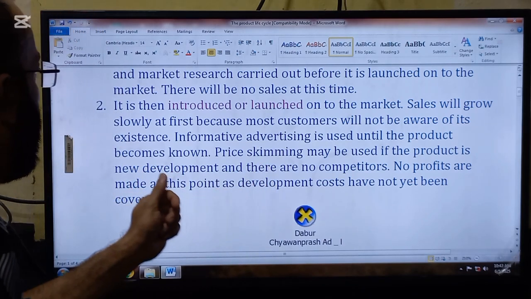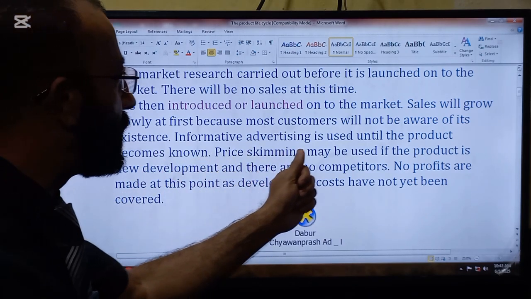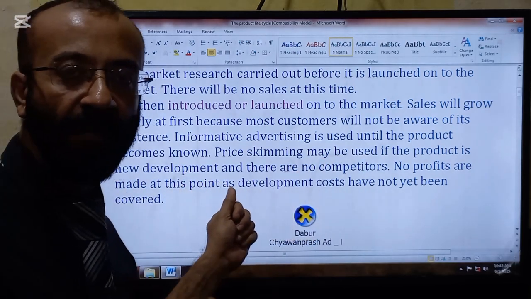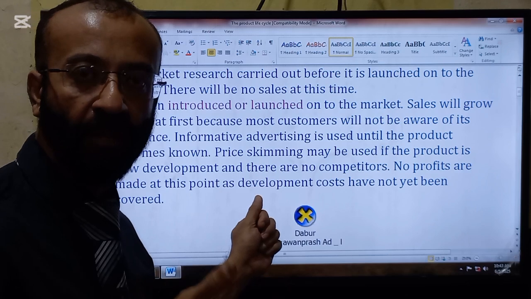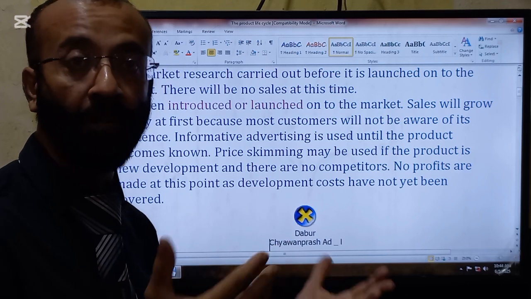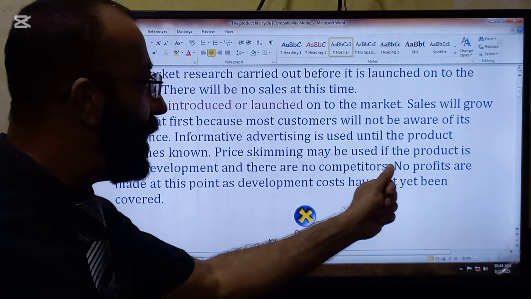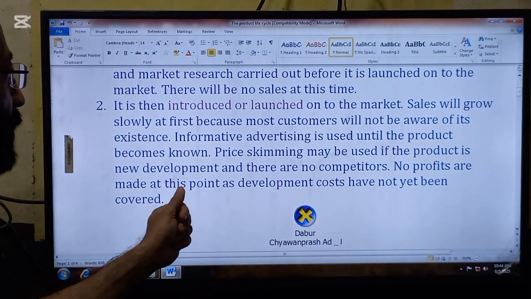So look now, informative advertising is used until the product becomes known. Finally, with your efforts, the product will become known, it will become popular. Price skimming may be used if the product is a new development.